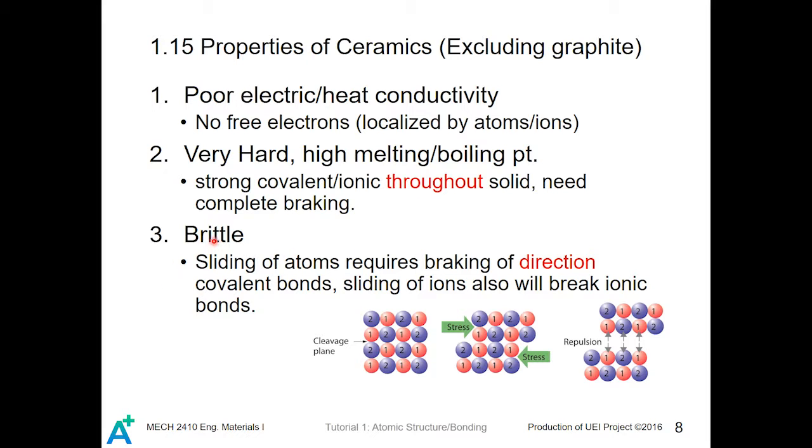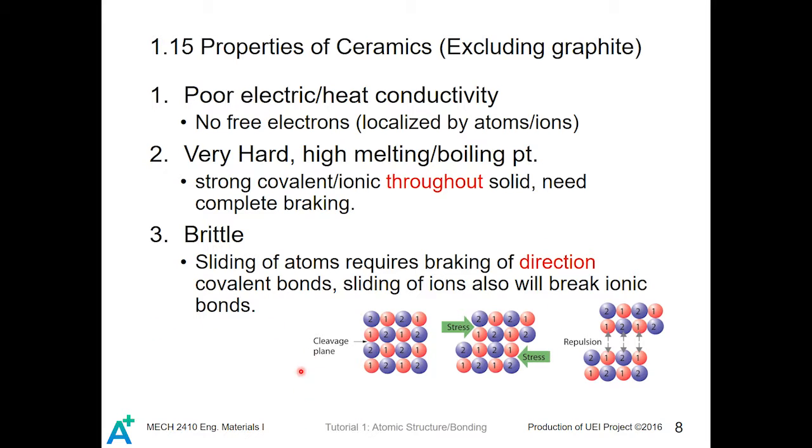However, they are very brittle because sliding of atoms requires breaking of directional covalent bonds. The sliding of ions will also break ionic bonds.